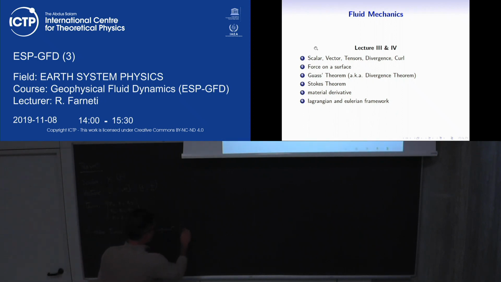So this reduces to a scalar. A one order tensor is 3 to the 1, which has 3 components, and this reduces to a vector.